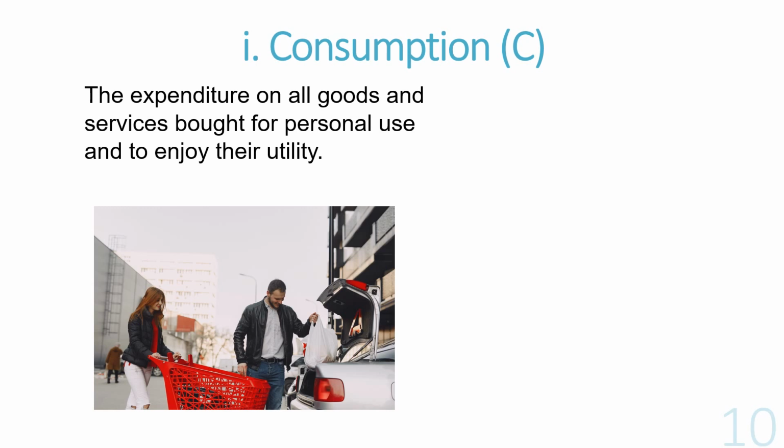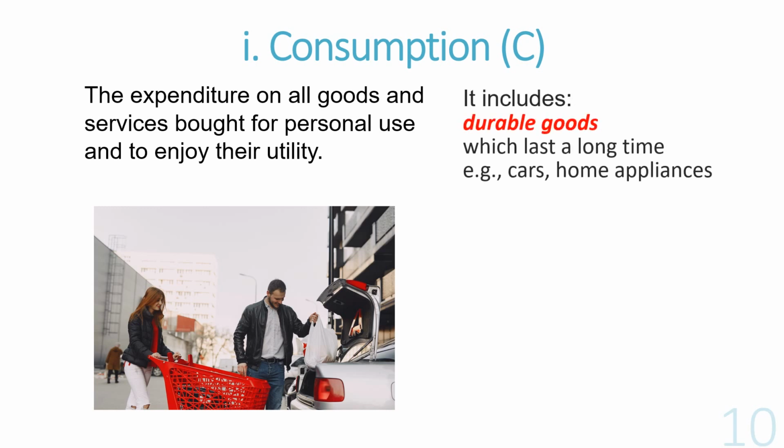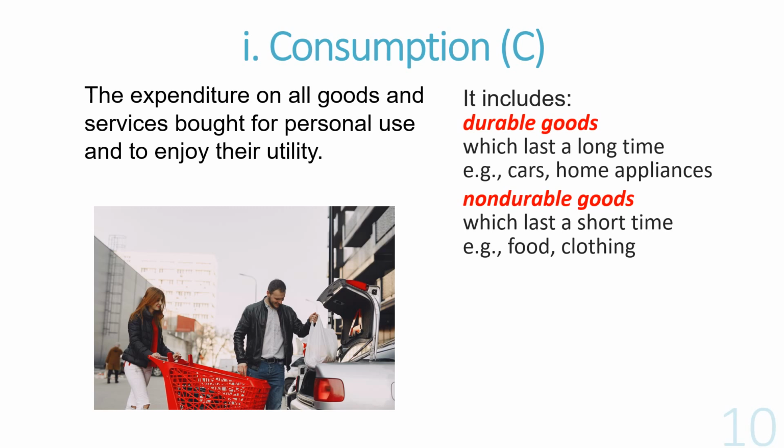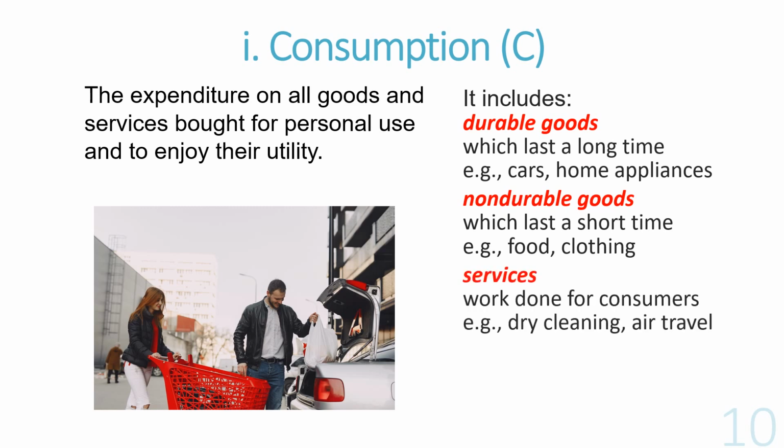It includes consumption of durable goods which last a long period of time, for example, cars and home appliances. The consumption of non-durable goods which last a short time period, for example, food and clothes, and the consumption of services, which is the work done for the consumers, for example, dry cleaning and air travel.